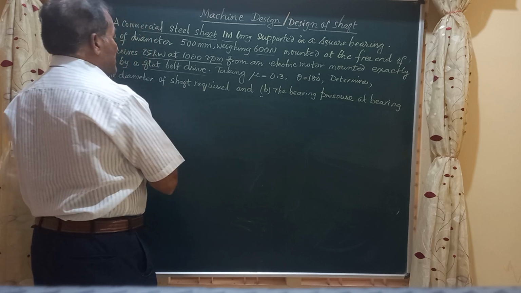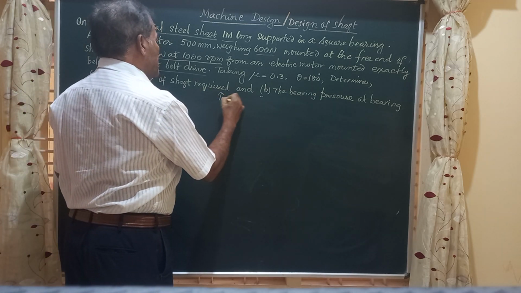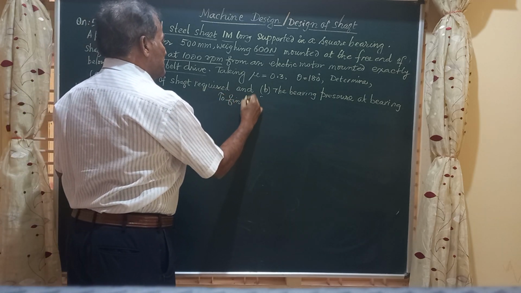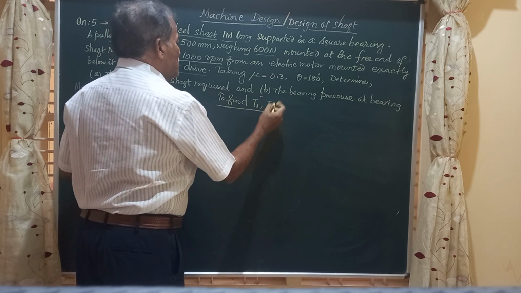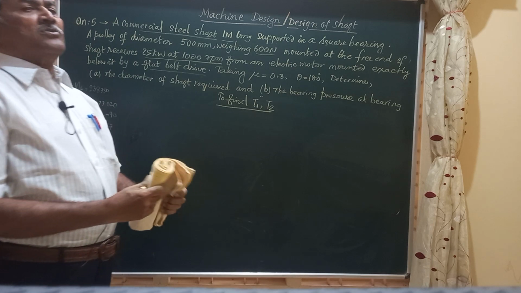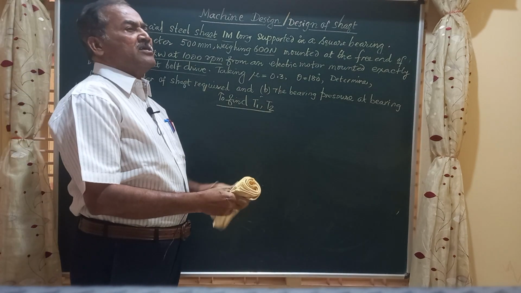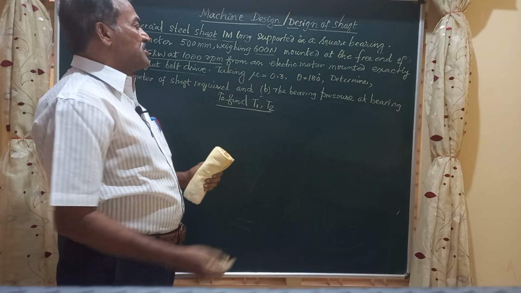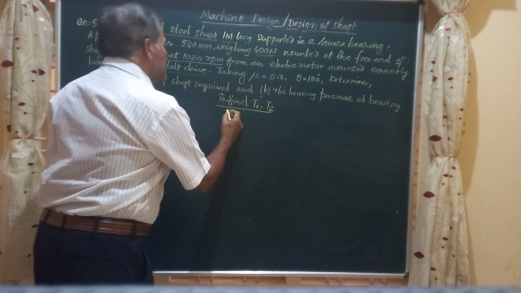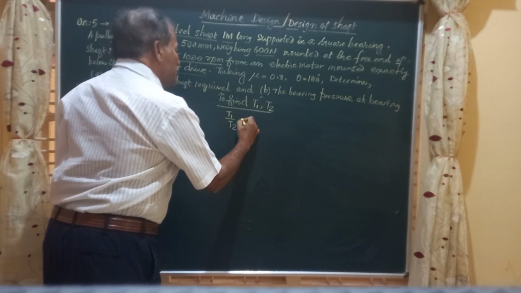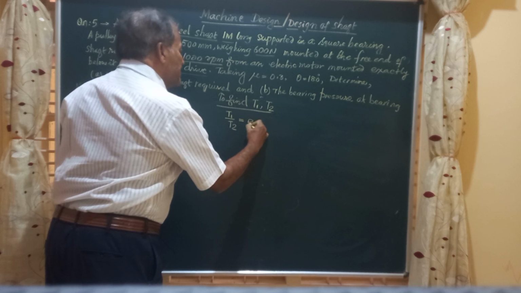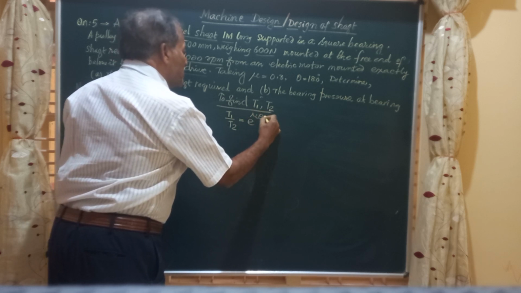So friends, let's see. To find T1 and T2, the belt tensions. Friends, we got two unknowns, T1 and T2, so very obviously you need two equations to solve for this. One equation is, friends, the ratio of belt tensions is given by T1 by T2 is equal to e to the power of mu theta.